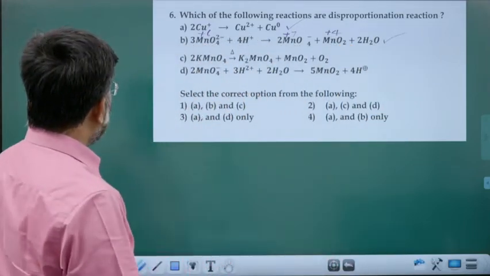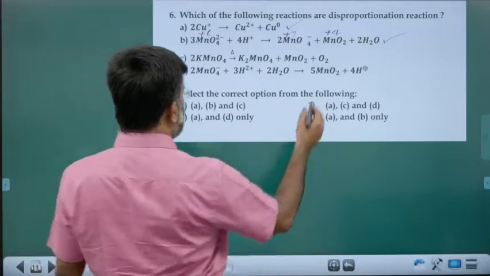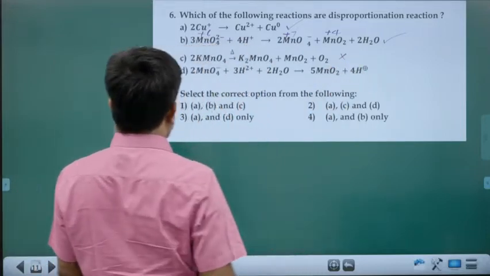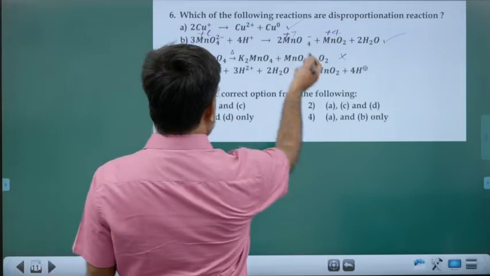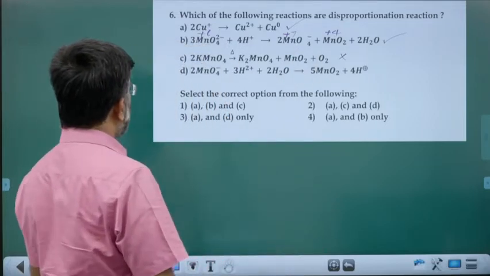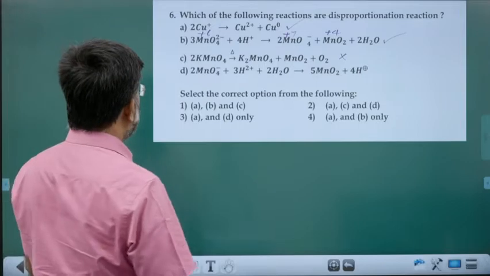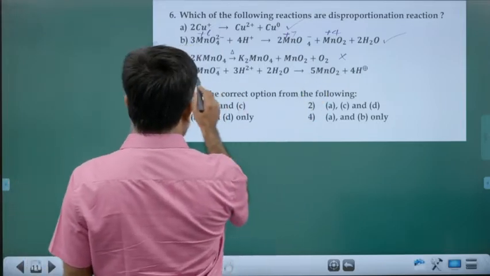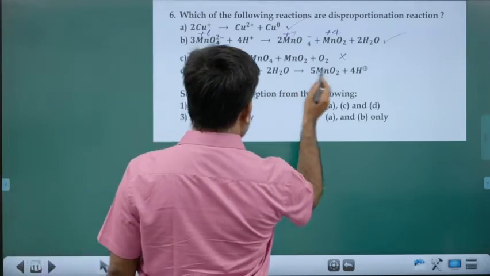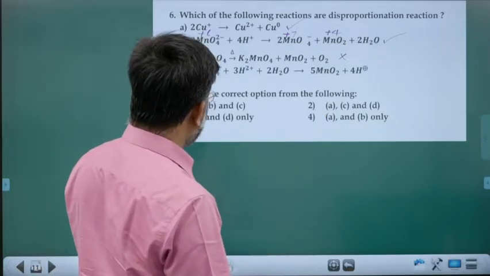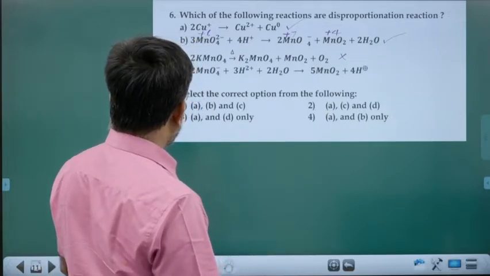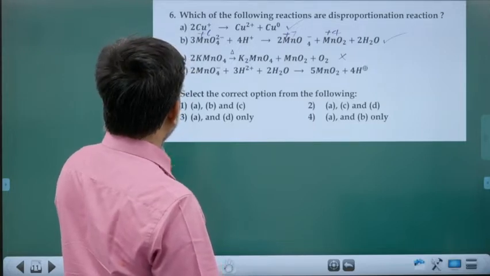KMnO4 on heating is not disproportionation. +7 is reduced to +6 and reduced to +4. This is not disproportionation. +7 changes to +4, only reduction. So the answer is A and B only.